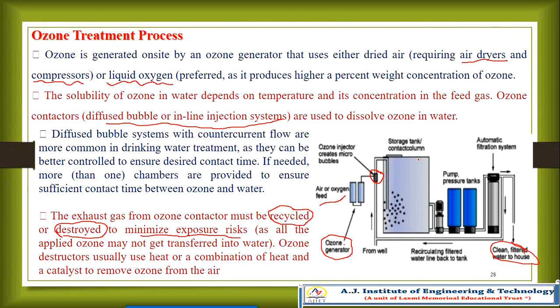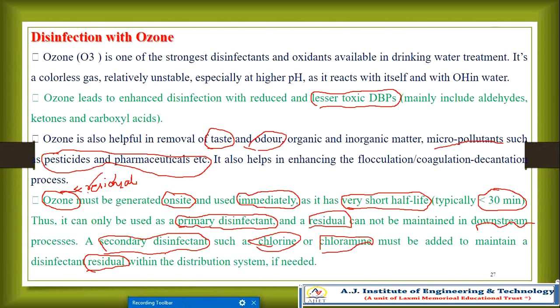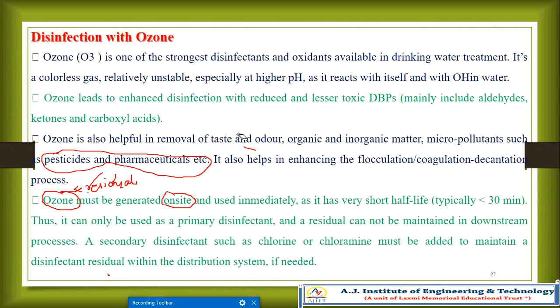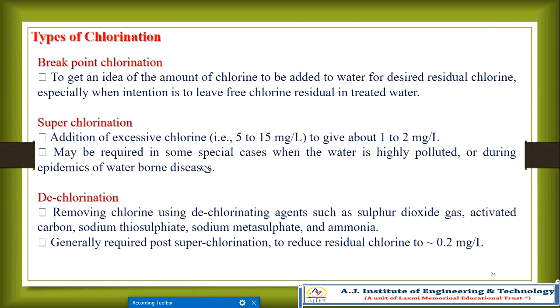But before going to advantages and disadvantages, we'll look at the actions, how the actions are in the treatment system. We should know the actions also. This is about the disinfection unit.